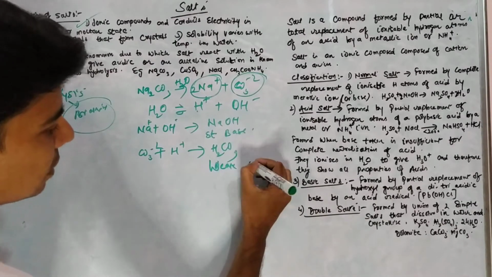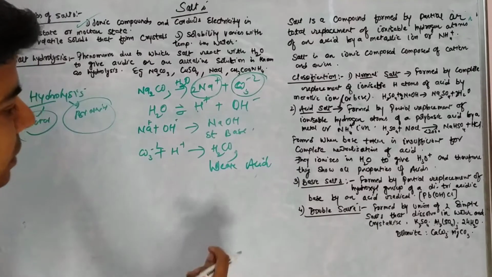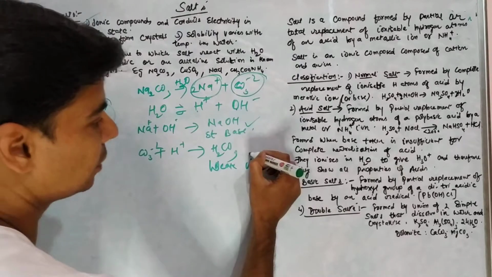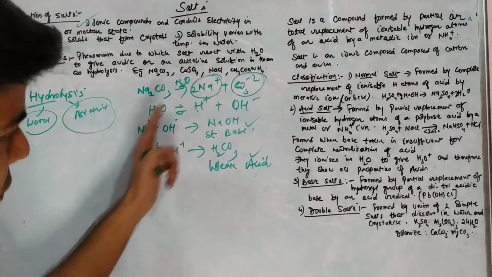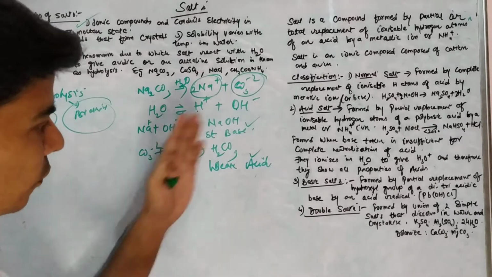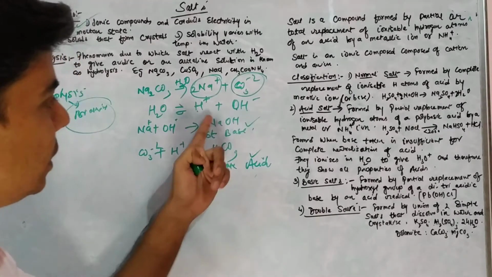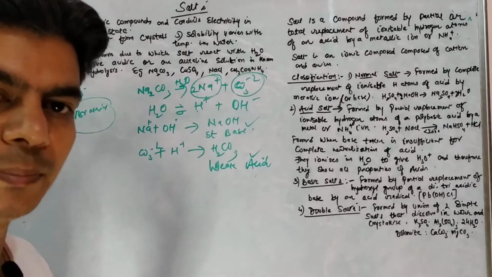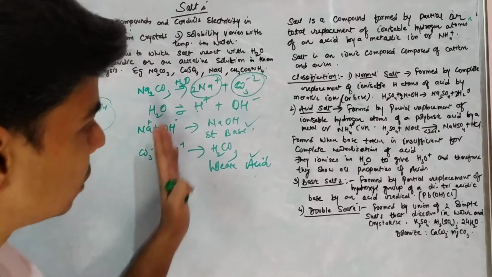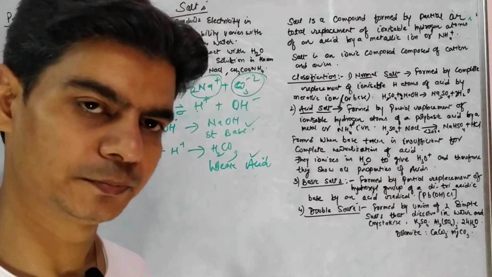Since salt hydrolysis resulted in a strong base and a weak acid, the overall solution of sodium carbonate is basic. Since we get a strong base, the solution would be basic.